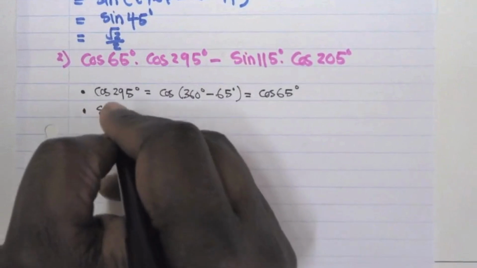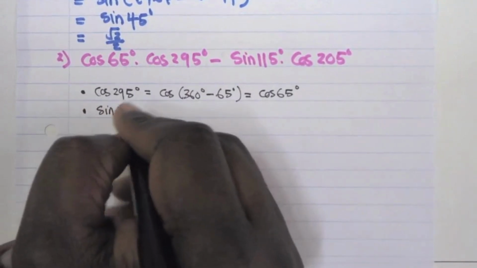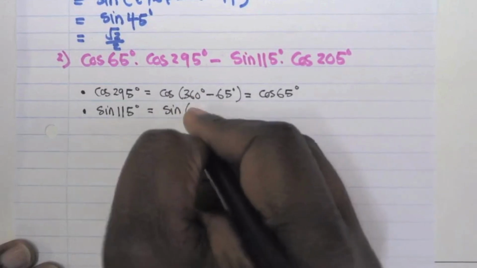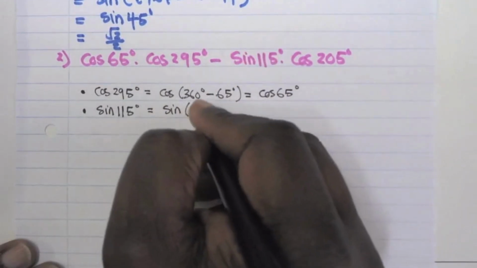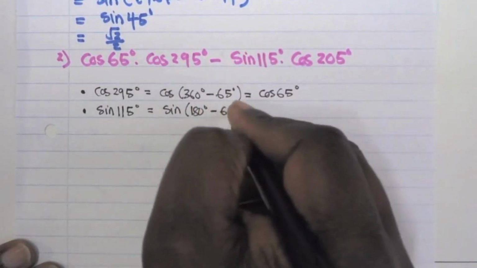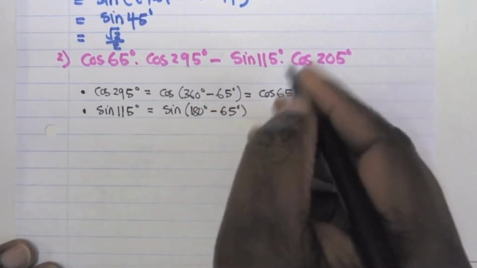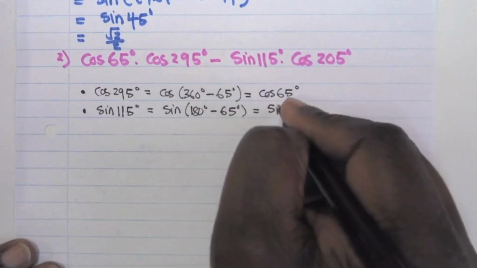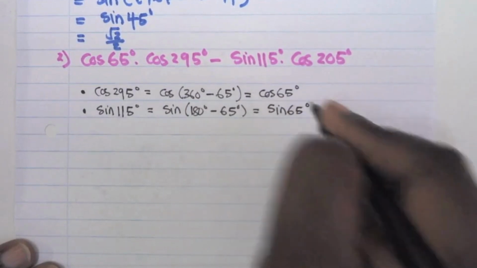If I move on to the next part here of my reductions, this is an angle that is in the second quadrant, so it's going to give me sin(180 minus 65), and I'm going to get sin 65 degrees.